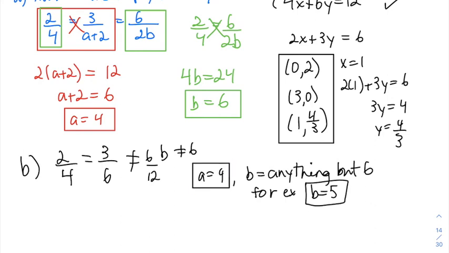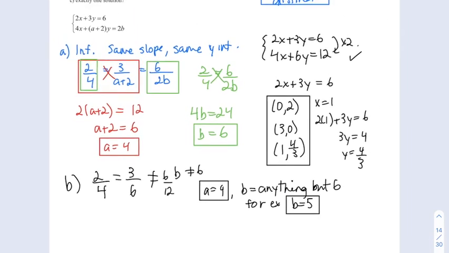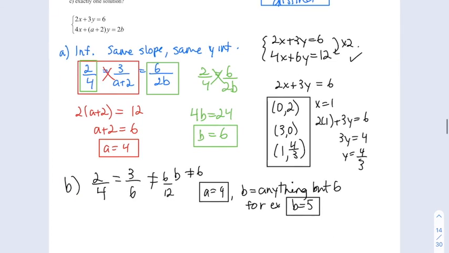And you can give it a try if you want by subbing this value of a and b in and trying to solve the system. How about exactly one solution? Well, basically what that means is I need a different slope. So we said that the slopes were the coefficients of x and y if those were proportional to each other.